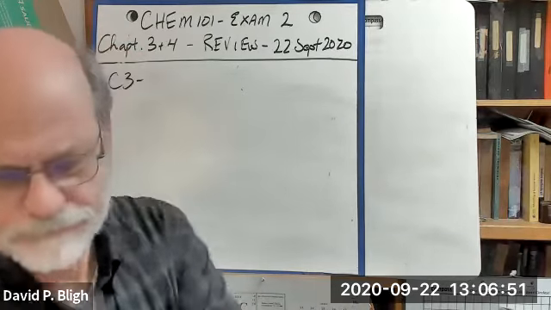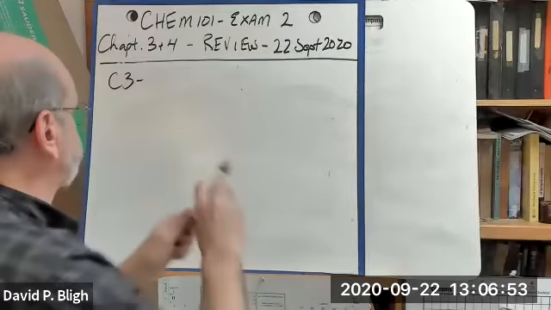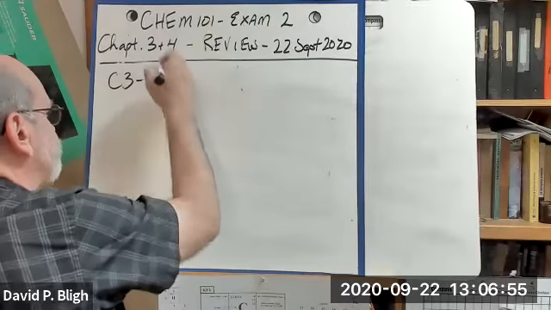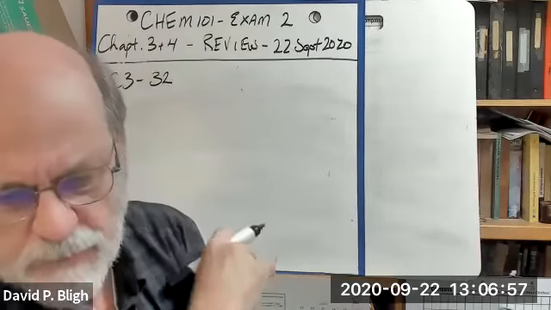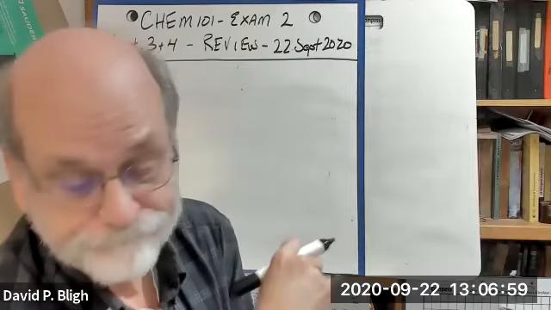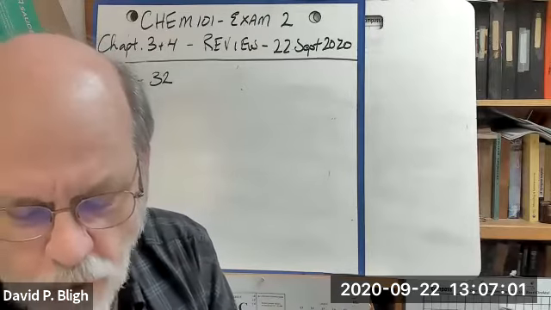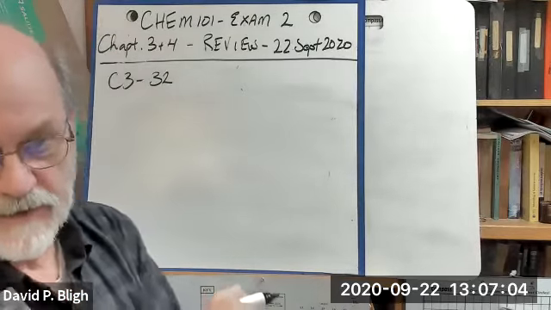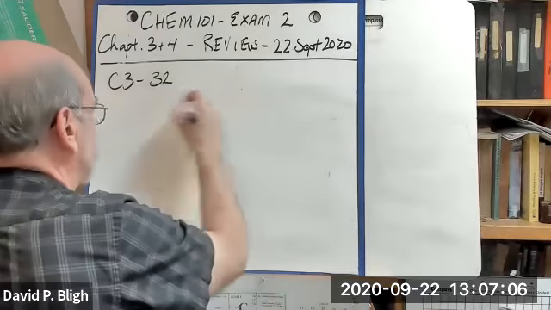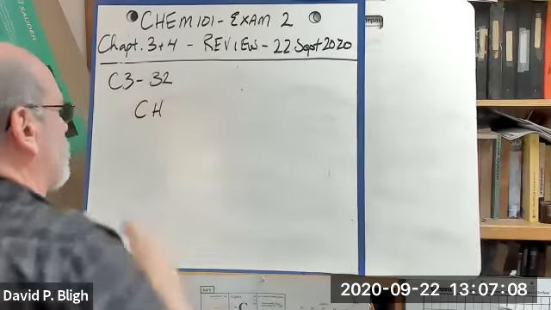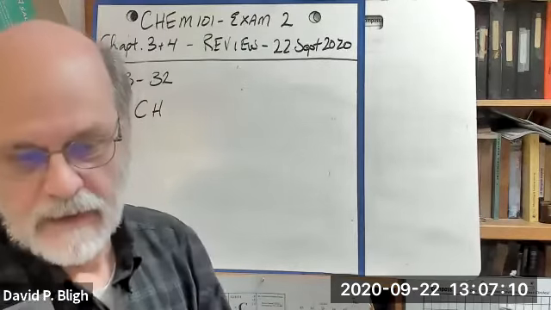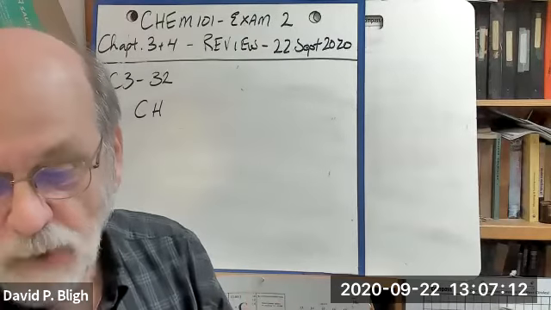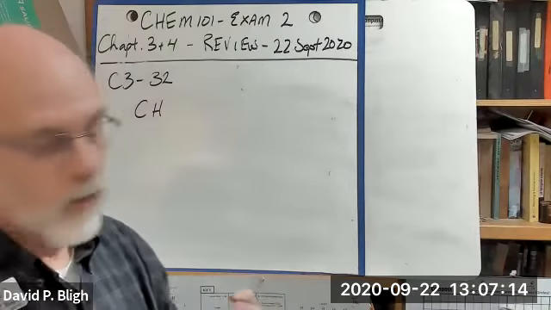Number 32. And we're still in chapter 3. The empirical formula for styrene is CH. And its molar mass is 104.1 grams per mole.